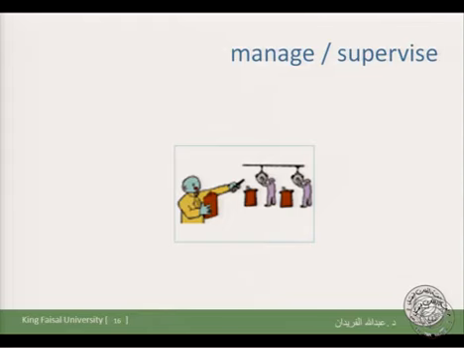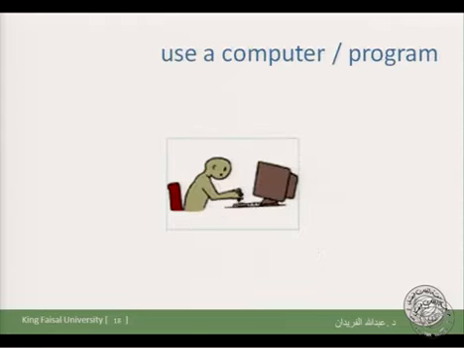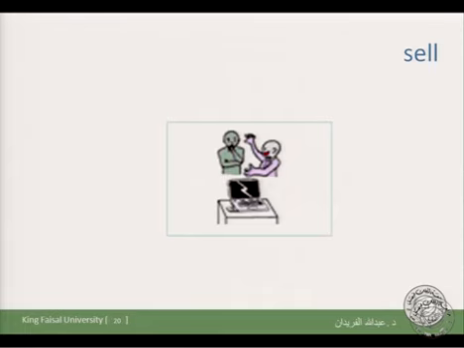He flies. She gardens. He guards. He manages or supervises, with the S. Why? In a minute we are going to know why. She paints. He uses a computer or a program. She answers the telephone or types files, takes messages because she is a secretary.